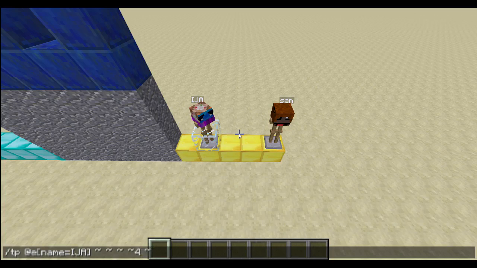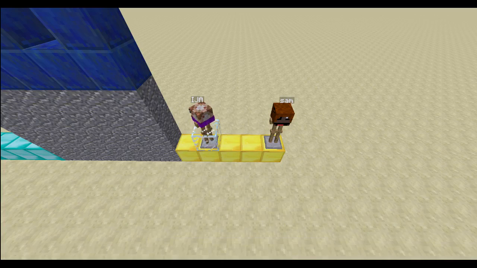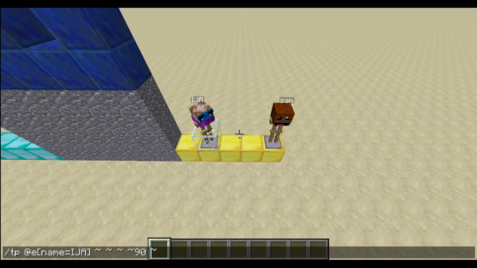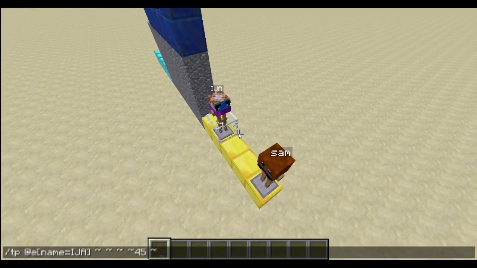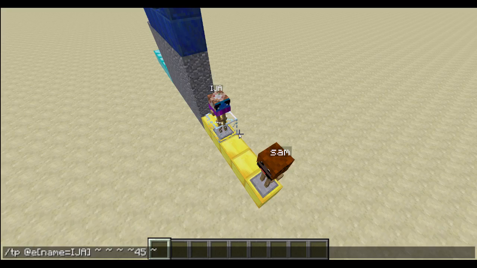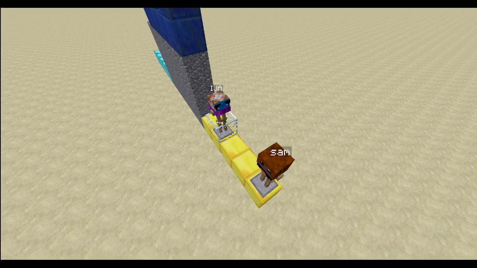If I used intervals of 90, then he will rotate even more. Okay, so let's just use intervals of 45 so we can adjust IJA to the rotation that we need. There we go, that's heaps better. And also I can make IJA look up and down by using the second coordinate here. Unfortunately, you cannot see that in this example because armor stands hate me.